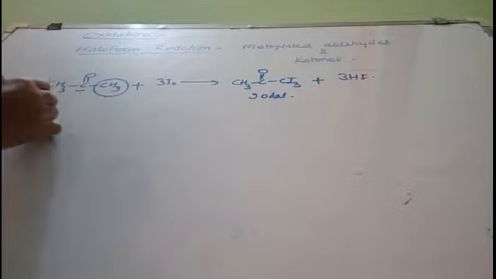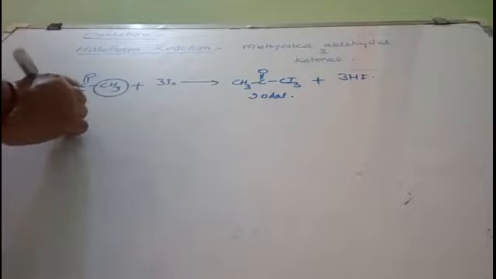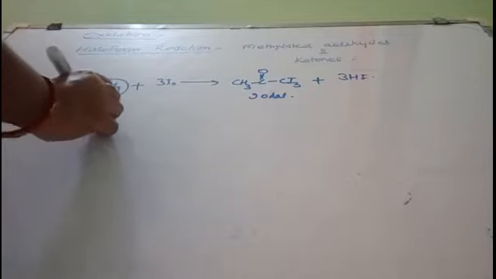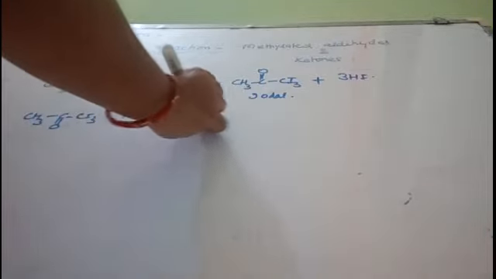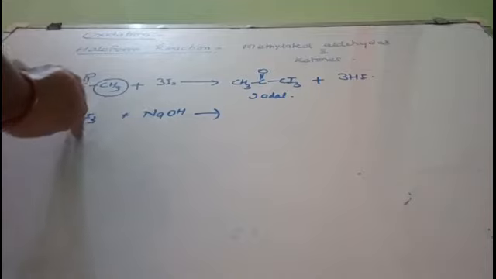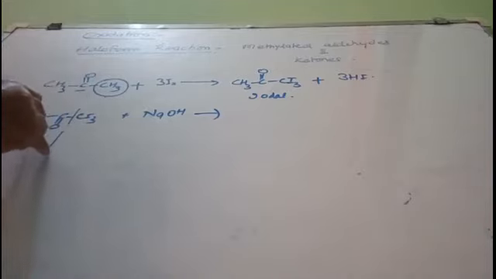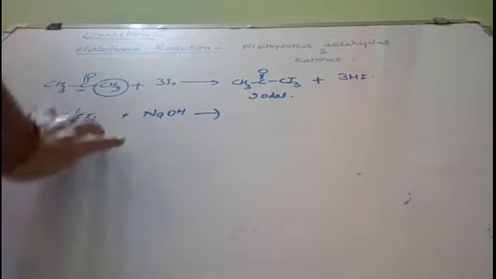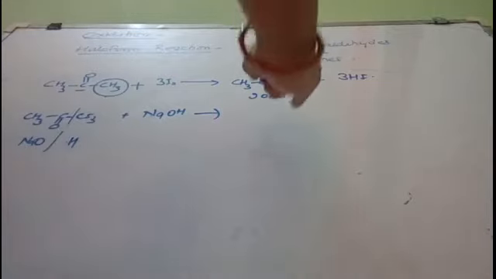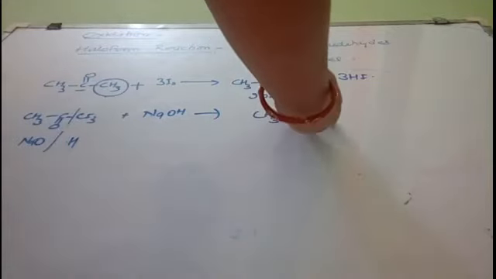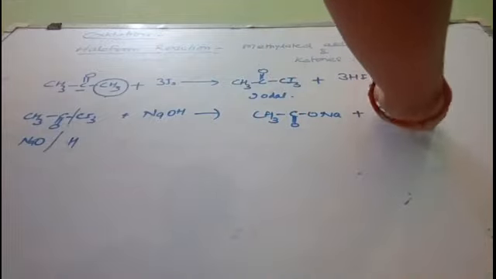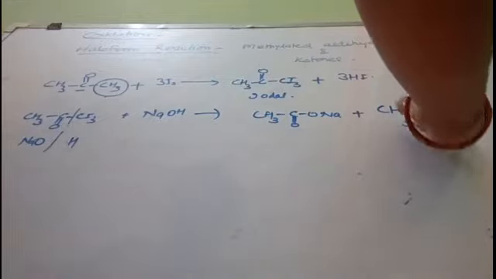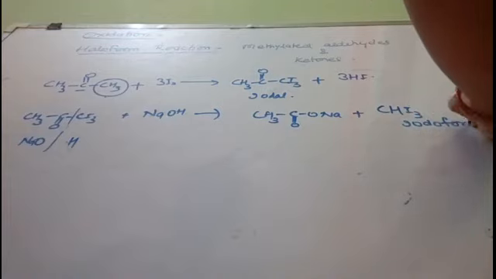After which this compound will react with alkali, sodium hydroxide. So how will it react? See, ONa will go here and H will go here. So you will get CH3COONa plus CHI3. This is iodoform, and it is in the form of a yellow precipitate, right?